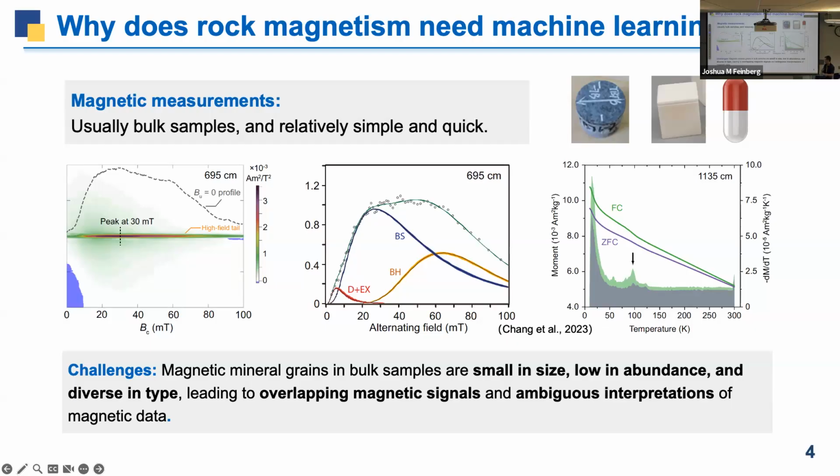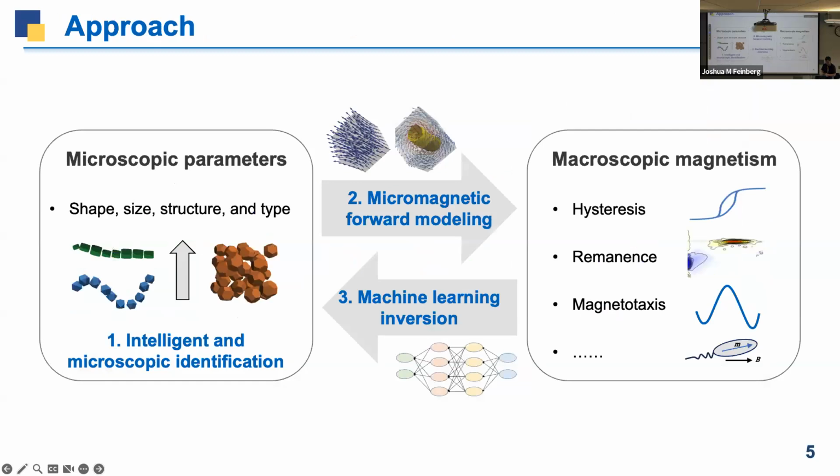sophisticated interpretation tools. So here is our approach. The first part is a method that can do intelligent, microscopic identification. As Rich and Alison did, we extract these parameters and feed them into micromagnetic modeling, so we can calculate the microscopic magnetism.